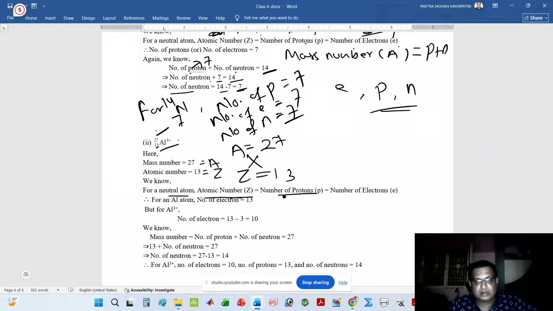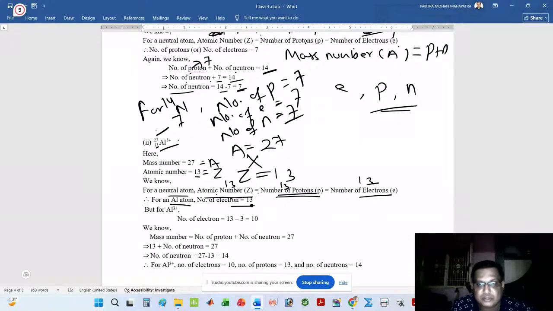For a neutral atom, atomic number Z is equal to number of protons, which is equal to number of electrons. Since atomic number Z is equal to 13, number of protons is also 13 and number of electrons is also 13 for a neutral aluminum atom.